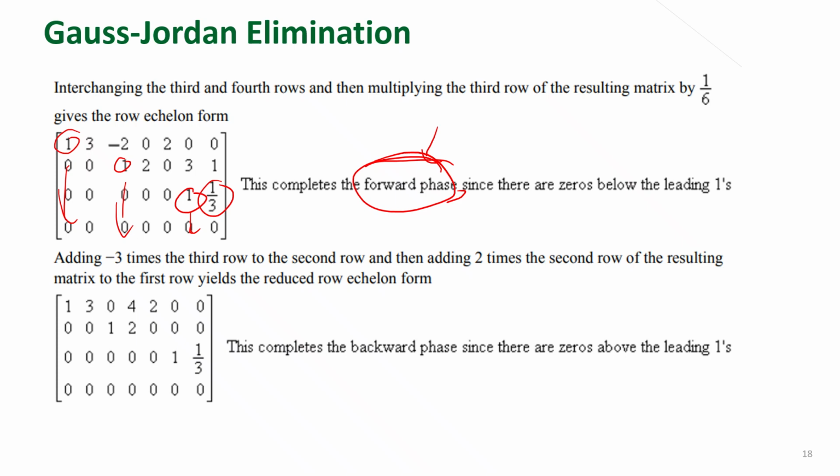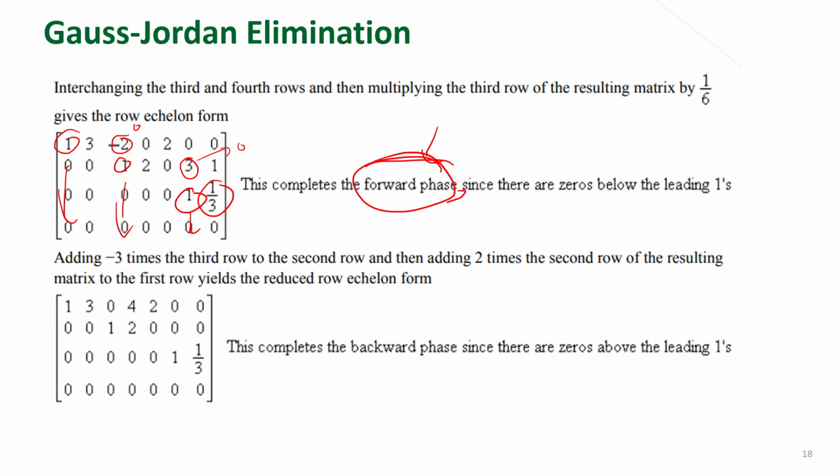Now you continue to the backward phase. The backward phase is making all entries above the leading ones become 0, starting from the last leading one. So for this one, you start from here, and you want to make it become 0.